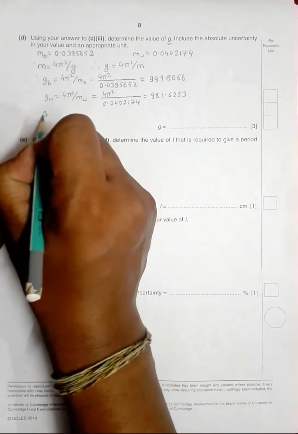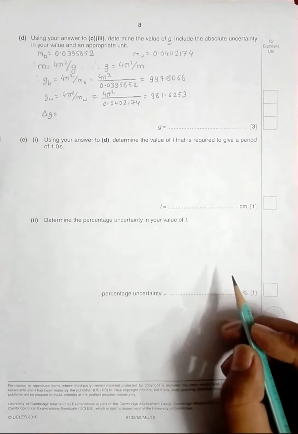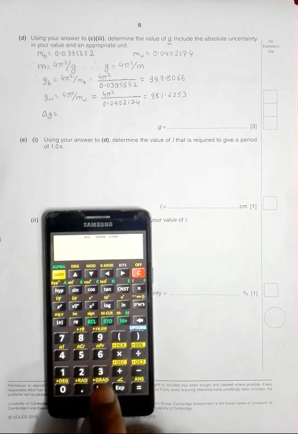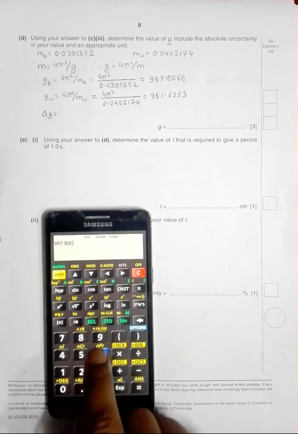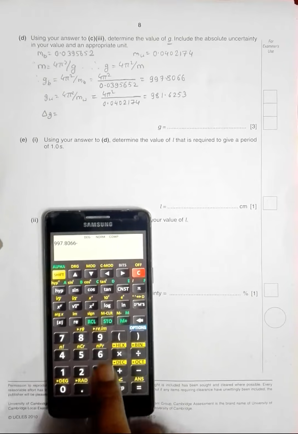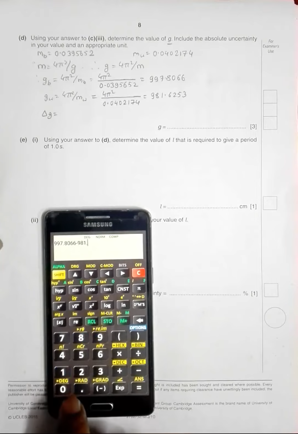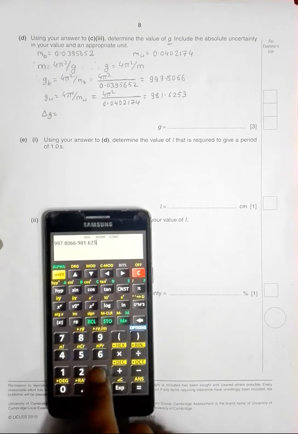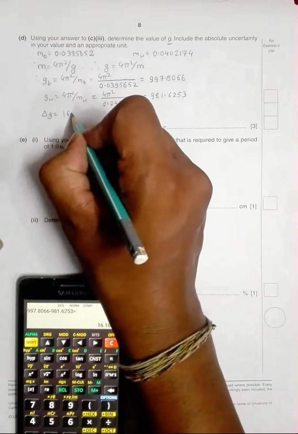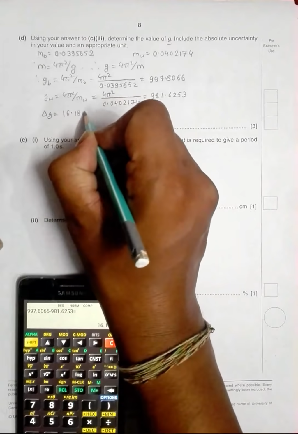Now the uncertainty, delta g, you can calculate from the higher value minus the lower value, so 997.8066 minus 981.6253. This gives the value 16.1813.